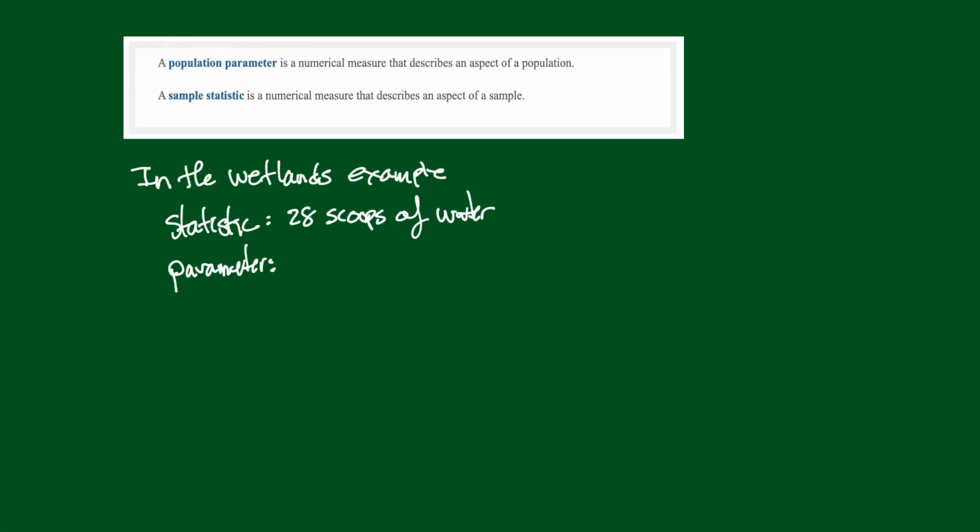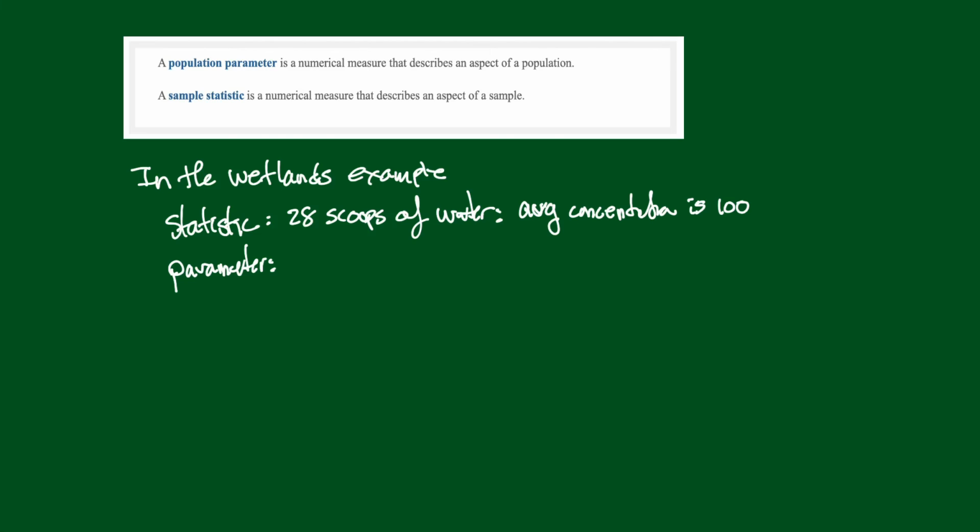We're going to measure an aspect of a sample. Suppose that the average, AVG for average, the average concentration is, I'm just going to assign 100 milligrams per liter. So that average is computed just on those 28 scoops.